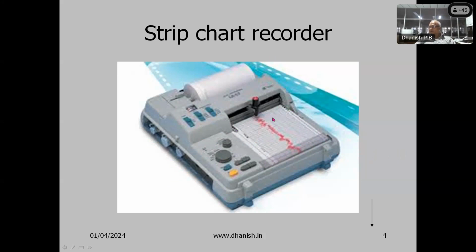Okay, so anyway, here we have a pen which is held by a lever, and this moves left and right depending on the signal, proportional to the signal. And we get markings on the paper which is pulled from one side to the other. So we have a roll of paper and it is pulled down.